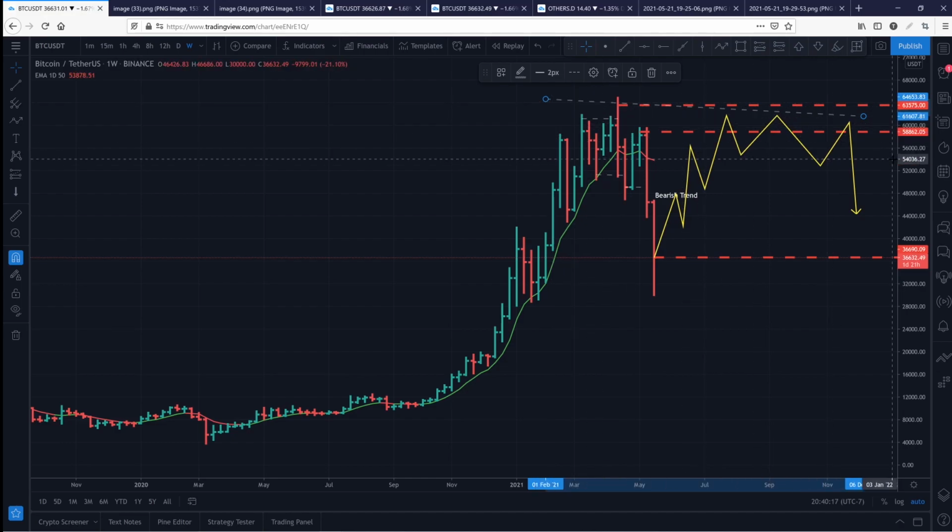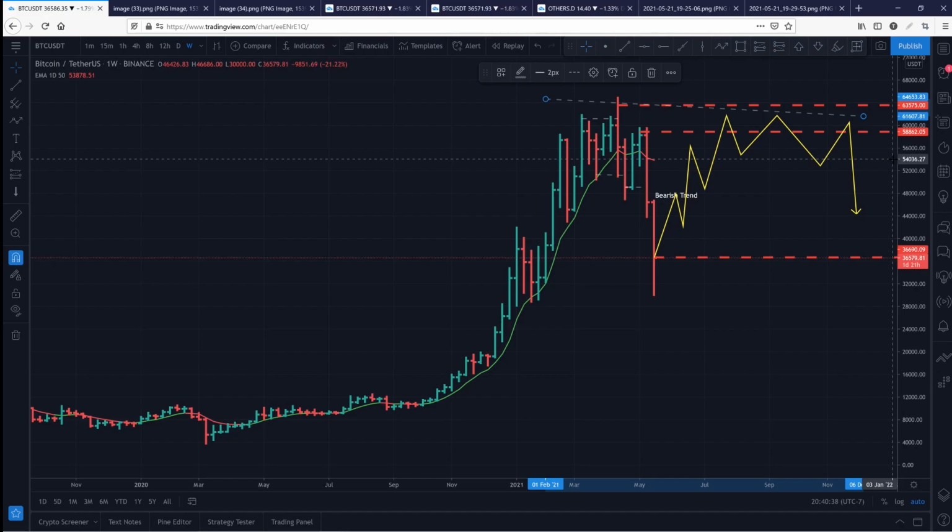At that point in time, it'll be really hard to argue that we are still in a bull market. So that's something that personally I'm hoping for, a close at some point in time, establishing a new all-time high.